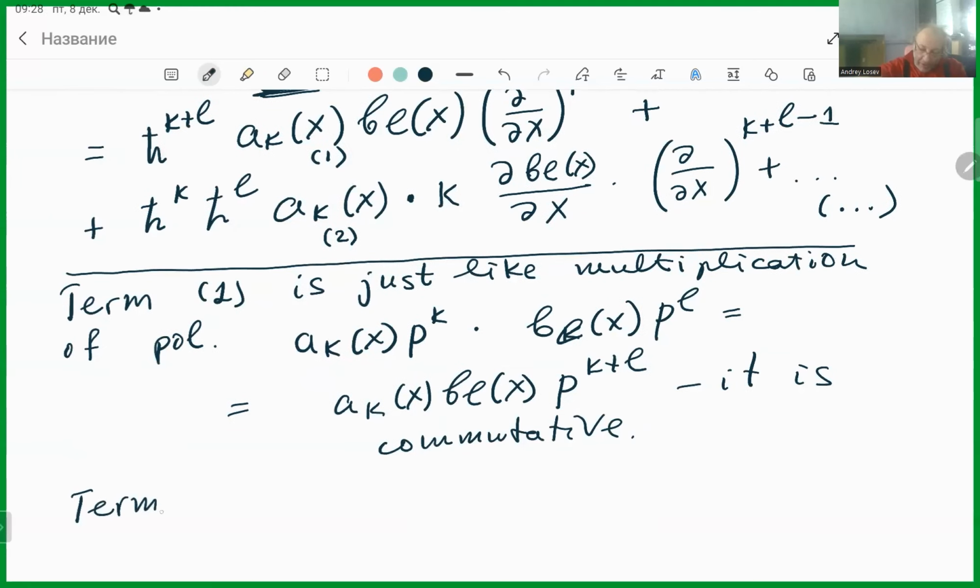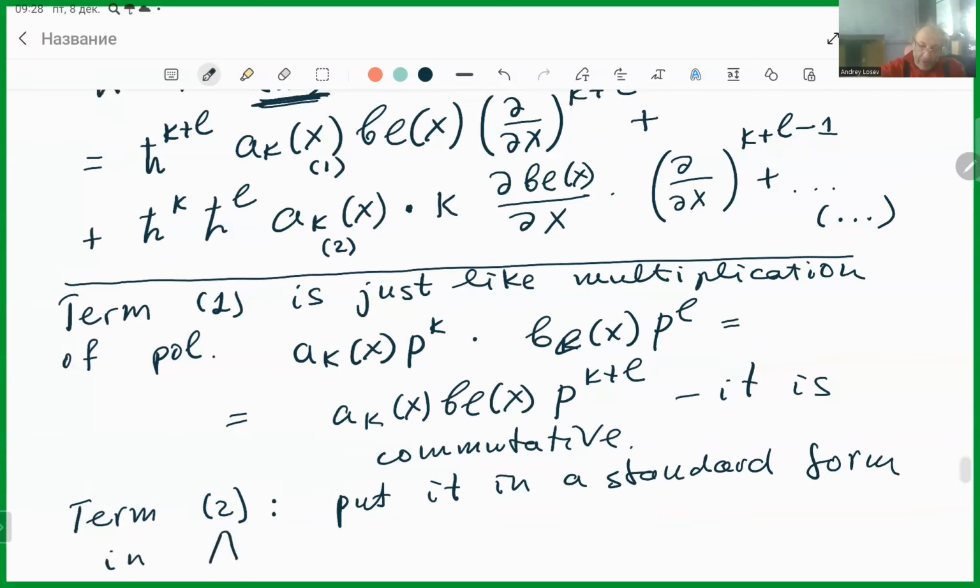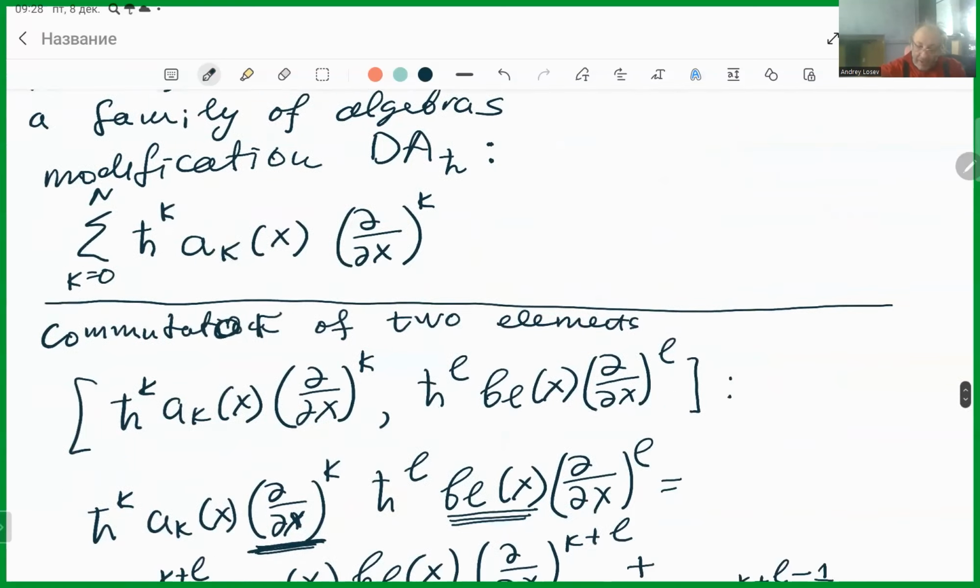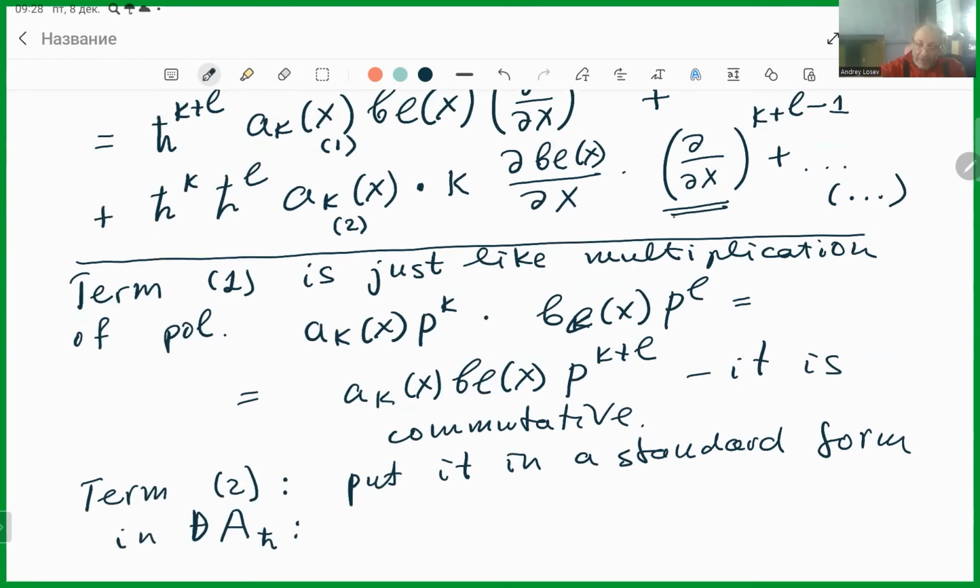Let us have a look at term 2. Put it in a standard form, how did I call it, in DAH. The derivative here has degree k plus l minus 1, and here we have just k plus l.